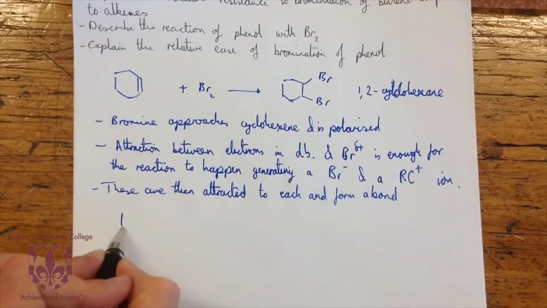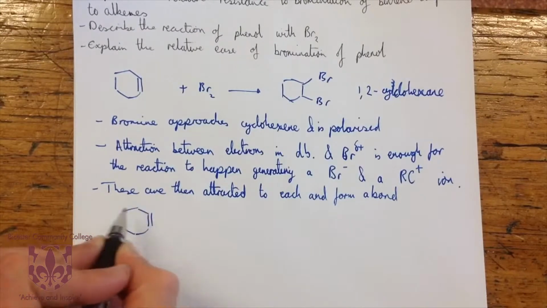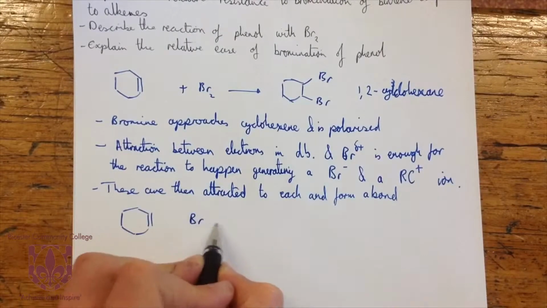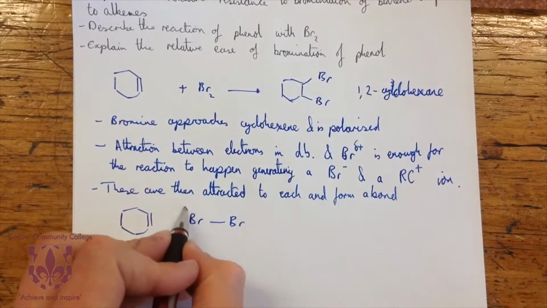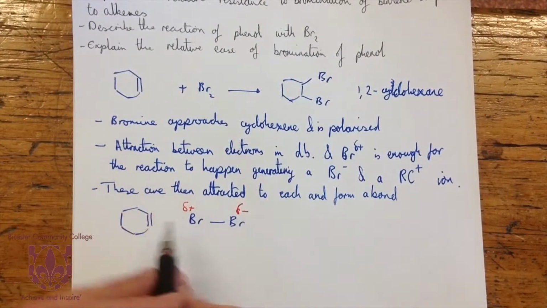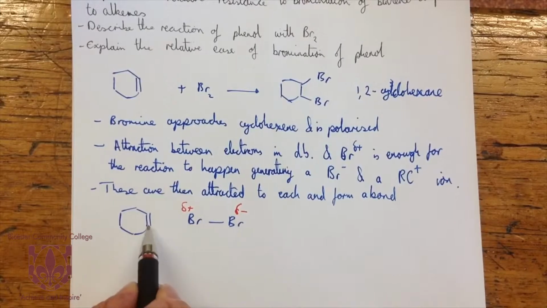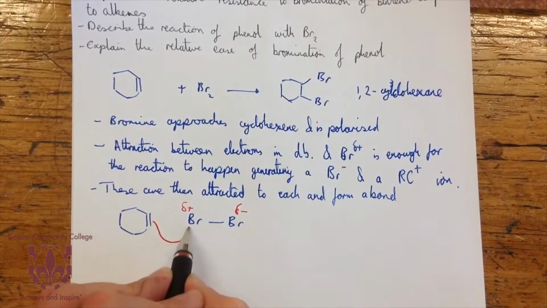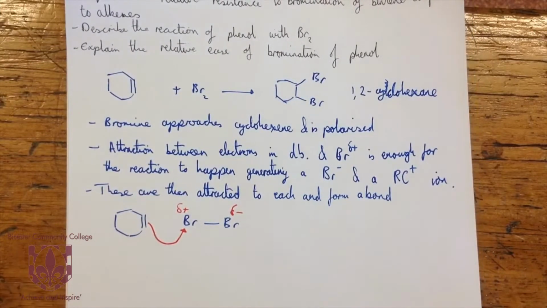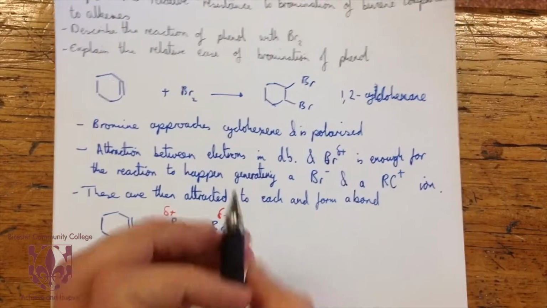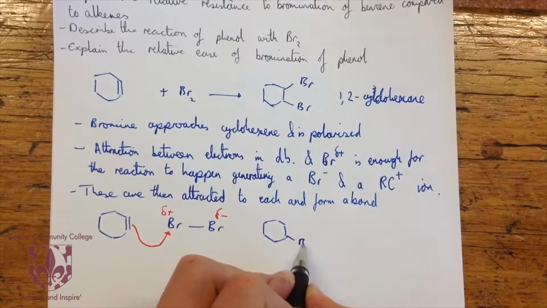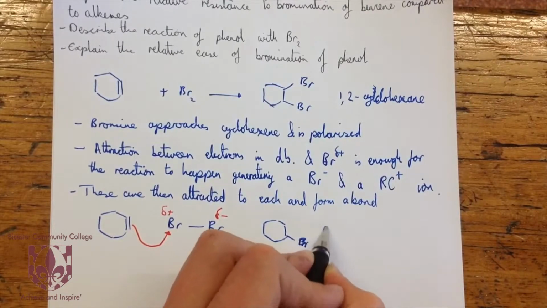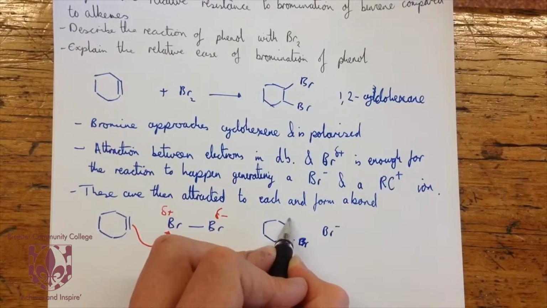Okay, so we know this mechanism, and we know this is delta plus, this is delta minus, because the electrons in this bond have been pushed away by the electrons here. So curly arrow there, and then we're forming this compound here with a Br minus.